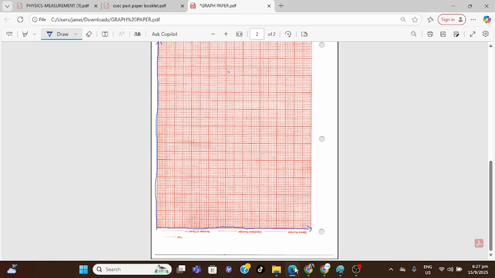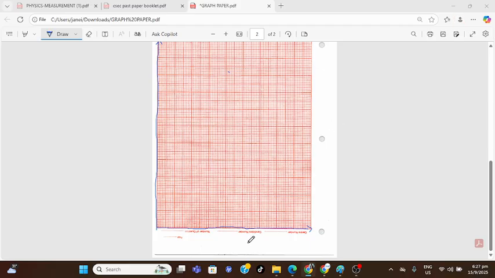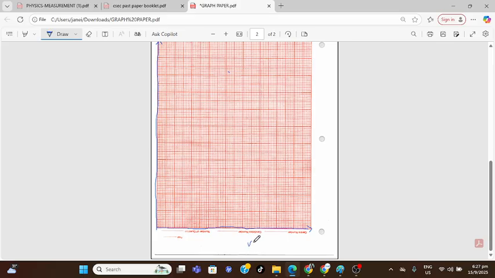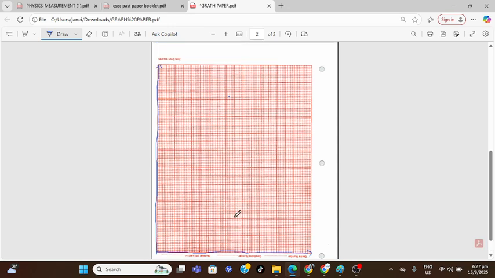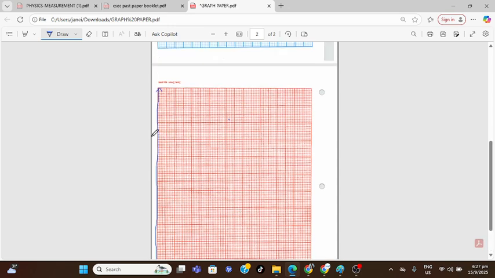Now we bring up our values. I need to tell the CXC that I know that. So I'm going to put volume here. I can use symbol V, and I'm going to put slash cm cubed, because I know volume was measured in centimeter cube. I don't have much space here.